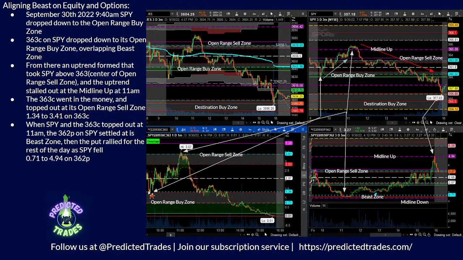We had a thesis with an entry and an exit. So we ride up to that exit, we lock up the core of our position, and we maybe leave runners in case it continues. But we take position on the puts at about the same time at one of our buy zones. These go from 60 to 70 cents in that little beast zone.